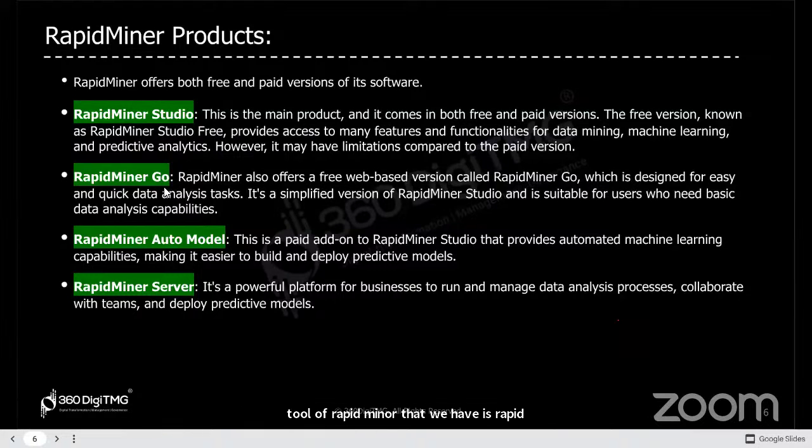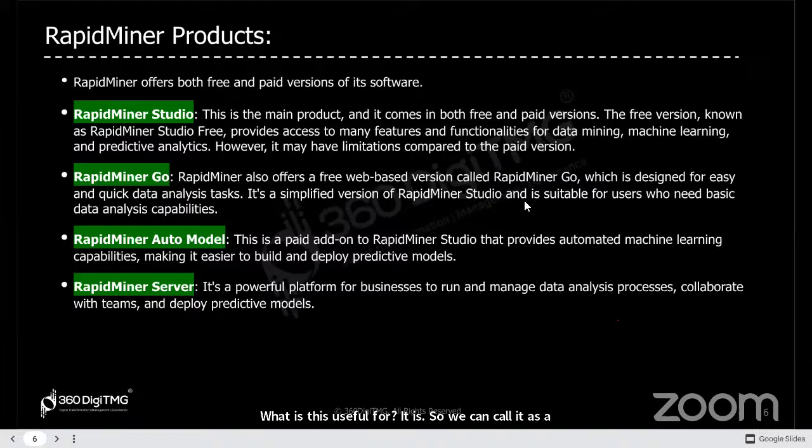What is the use of this RapidMiner Go? It is a simpler, web-based version of RapidMiner Studio. RapidMiner also offers a free web-based version called RapidMiner Go. It is designed for easy and quick data analysis tasks, so we can call it a simplified version of RapidMiner Studio.